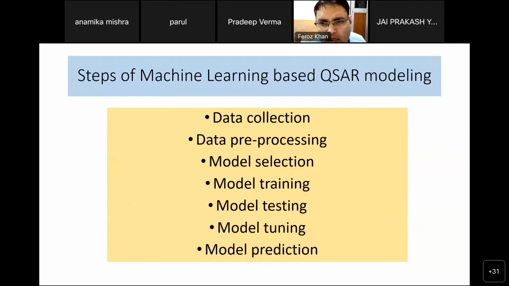And some crystallographers use modeling for predicting chemical properties related to small molecules or peptides. They develop QSPR, which means quantitative structure property relationship. For example, they want to predict the solubility of a small molecule, and they have crystallographic data. So they develop the model for QSPR related analysis.